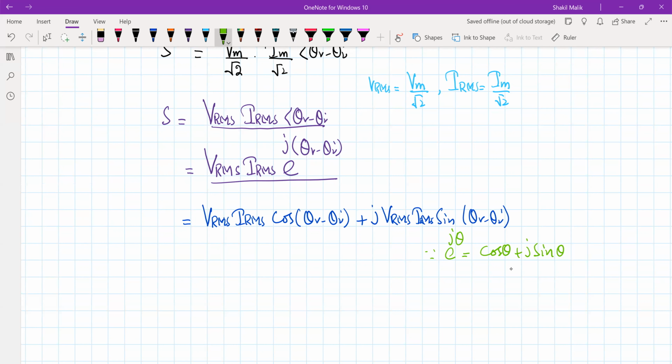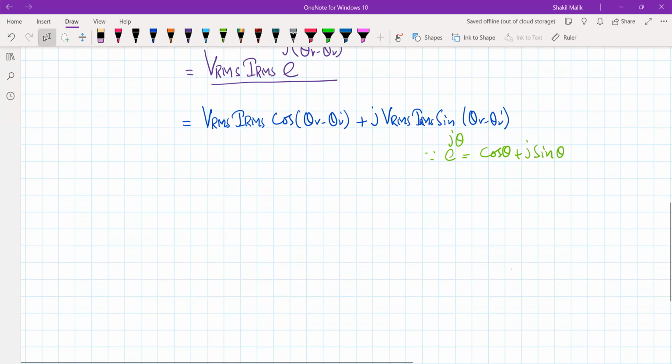This is referred to as Euler's identity. So this is the complex power.